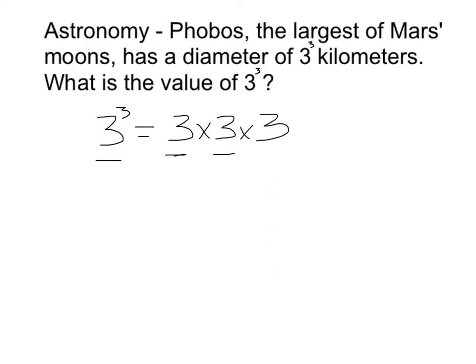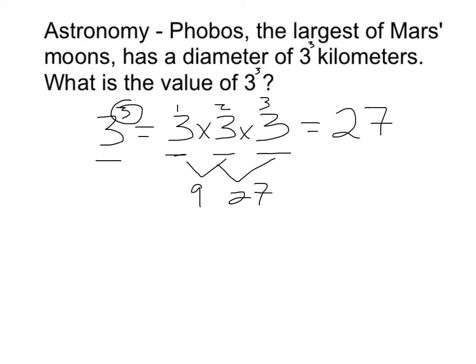And then it's to the 3rd power, or the exponent is 3, so that means we're going to multiply the base by itself 3 times. So 1, 2, 3. 3 times 3 is 9. 9 times 3 is 27. So 3 to the 3rd is 27.